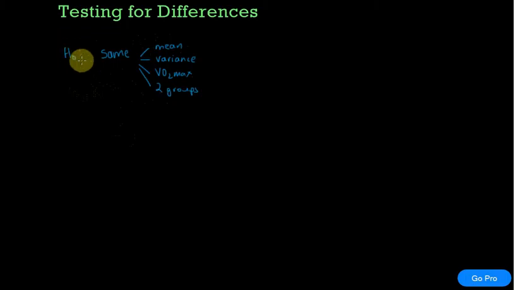So that's what your null hypothesis basically states. Everything's the same. Your alternative hypothesis therefore states that everything is different, or at least not the same.